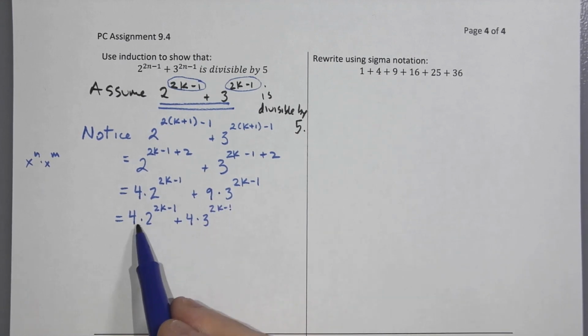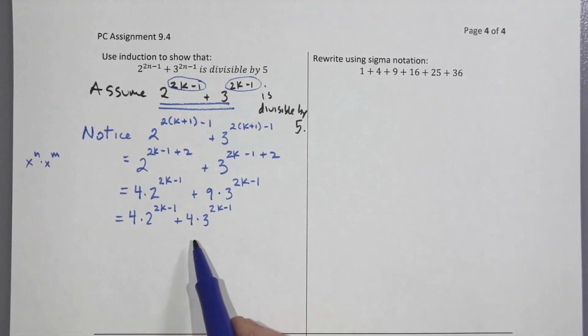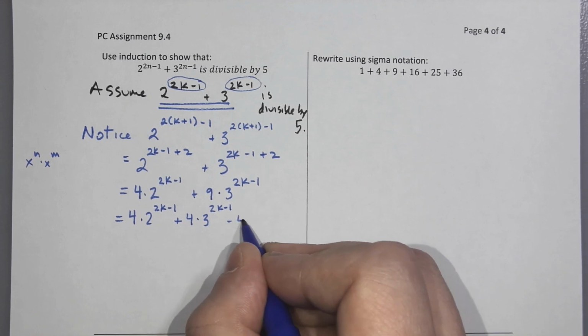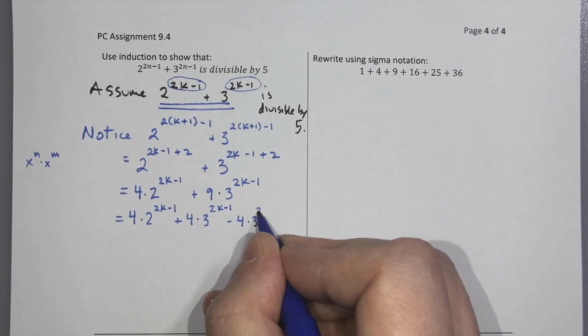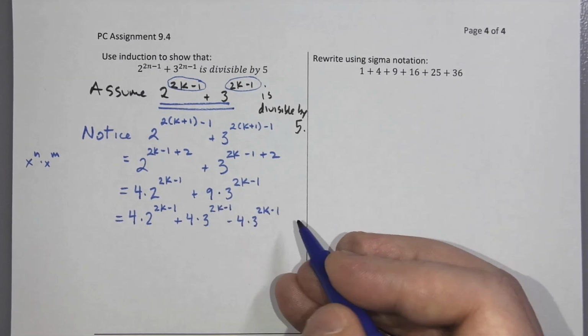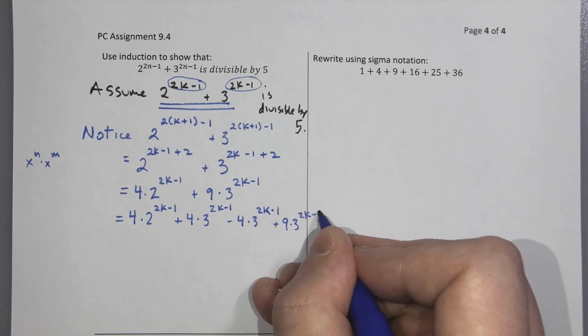Because that's going to allow me to factor out the 4, and then I'll have the actual quantity I want. But I can't just go adding stuff like that unless I also compensate by subtracting it. So I'm going to have to subtract that. And don't forget, I still had this little bit on the end, 9 times 3 to the 2k minus 1.